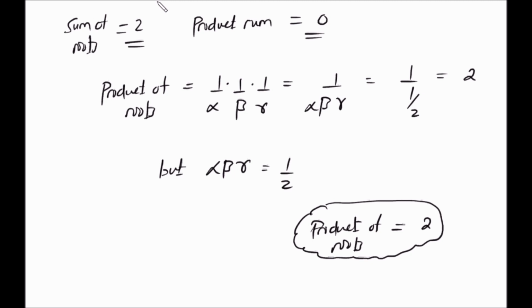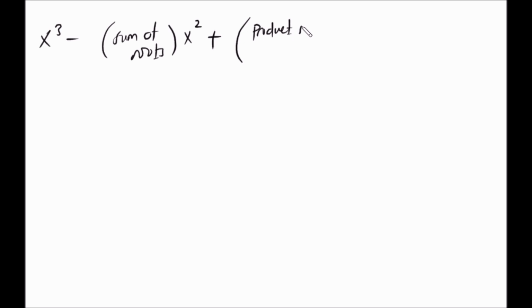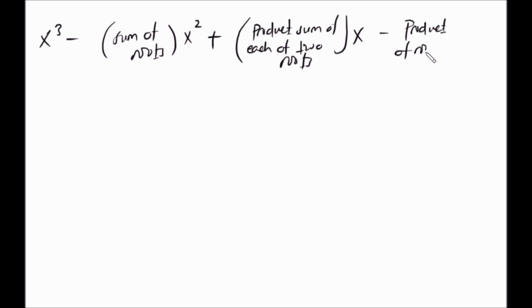Now we can form our equation, because the equation now is like this: x cubed minus sum of roots x squared plus, hapa tuna product sum of each of the two roots x, and then minus product of roots. Sasa ni nini? Ni 2.